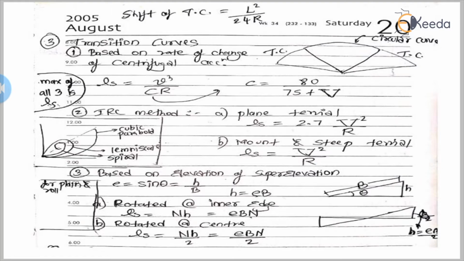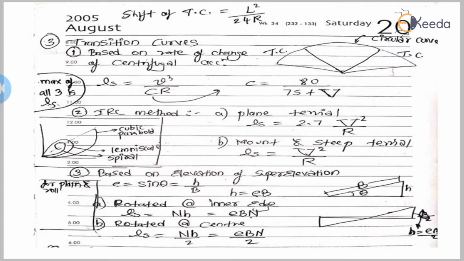Here sine theta, by this triangle, you can see is H upon B. B is the total width of the road inclined at an angle theta, that is the outer edge is raised as compared to the inner edge by the height H. Therefore superelevation E is equal to sine theta, that is H by B. From this H is equal to E into B, that is superelevation E into the width of the road B.